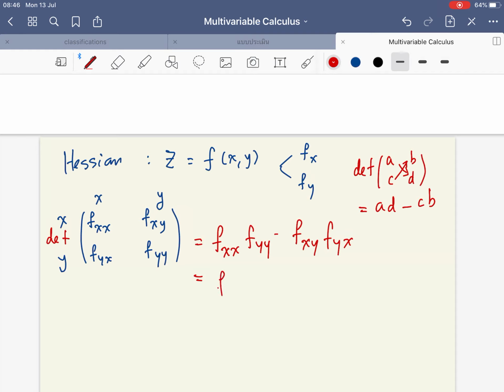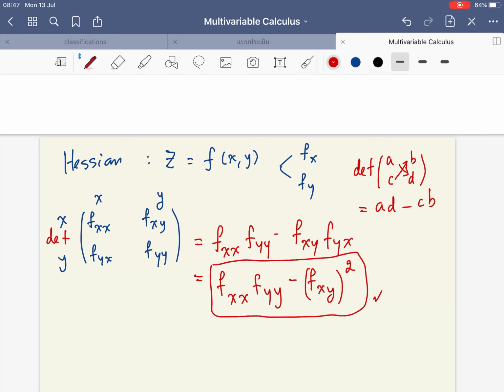But as I told you, usually f sub xy and f sub yx will be the same, so what we end up with is f sub xy squared. We are going to use this later on in this chapter, the Hessian matrix of a 2 by 2 matrix, and especially the determinant of this Hessian matrix.